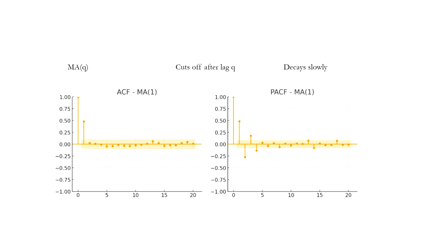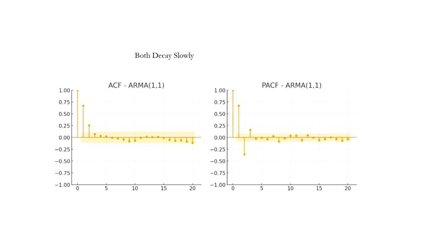For a moving average component, the ACF cuts off after lag q, which is around 1, and then you could see that the PACF decays slowly, right? And for this ARMA(1,1), both decay slowly, okay? I know there's some room for interpretation in terms of the graphs, and that's pretty common.